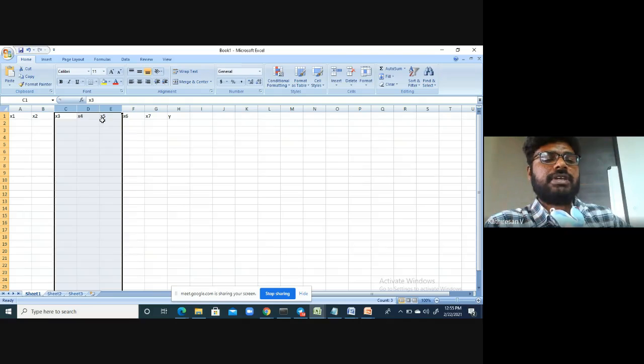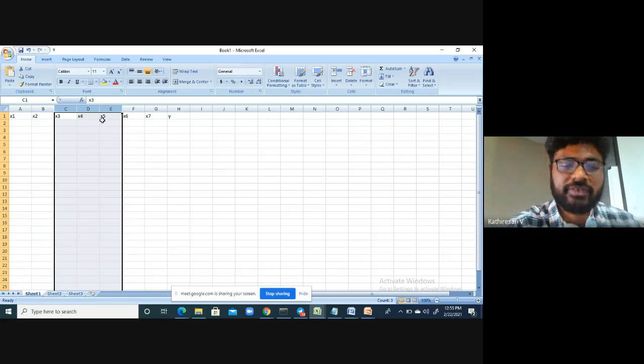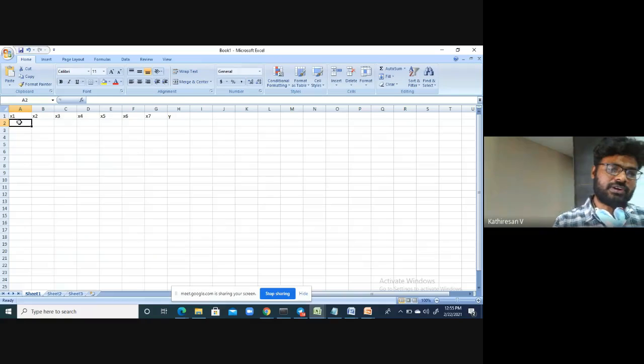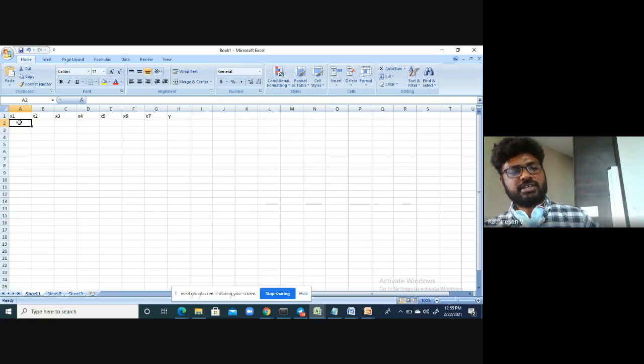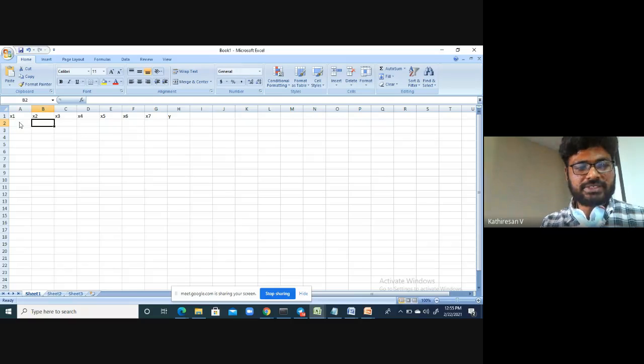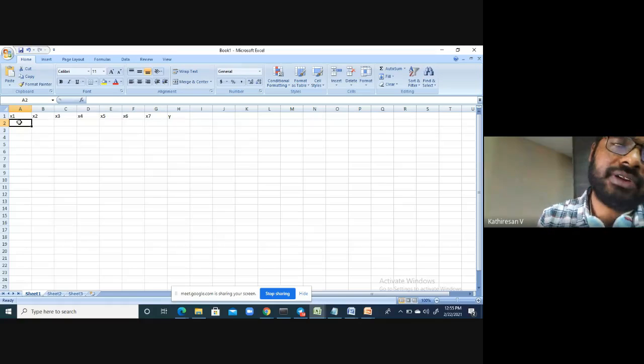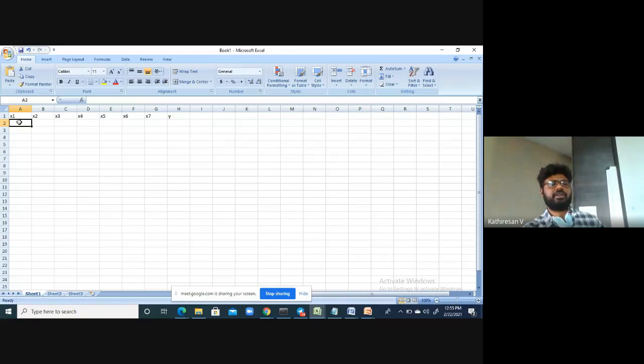In order to decide the response variable, you can combine or remove variables. So here correlation takes a vital role. We already discussed correlation. If there is a correlation between the response variable and an independent variable, you have to keep that independent variable.